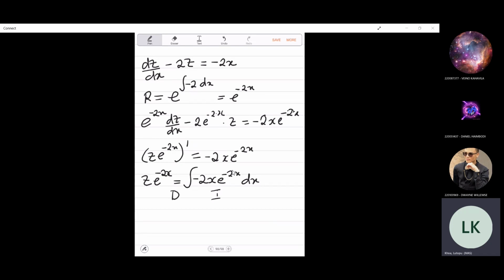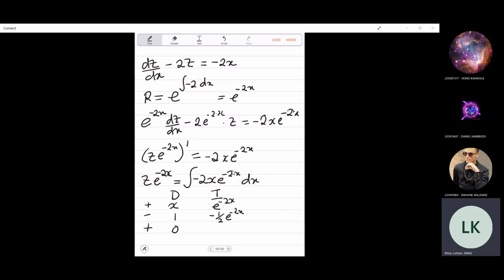So we have x, 1, 0, and then we are going to integrate e^(-2x), which is -1/2 e^(-2x).